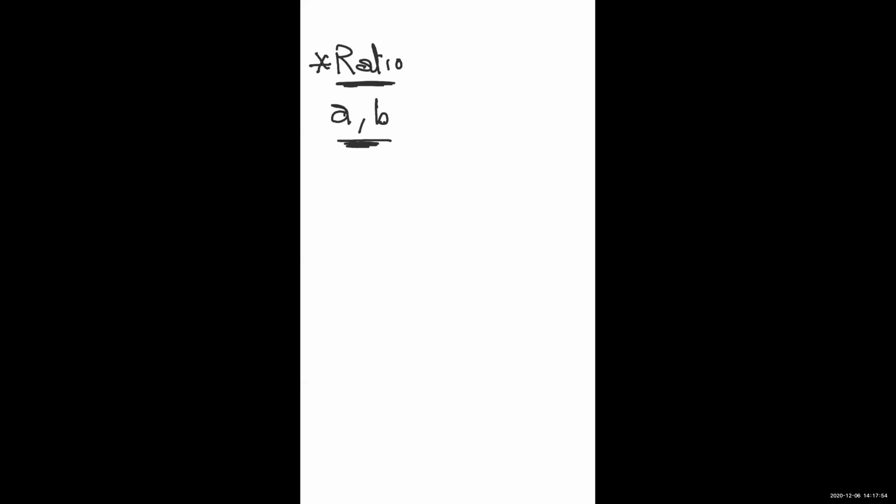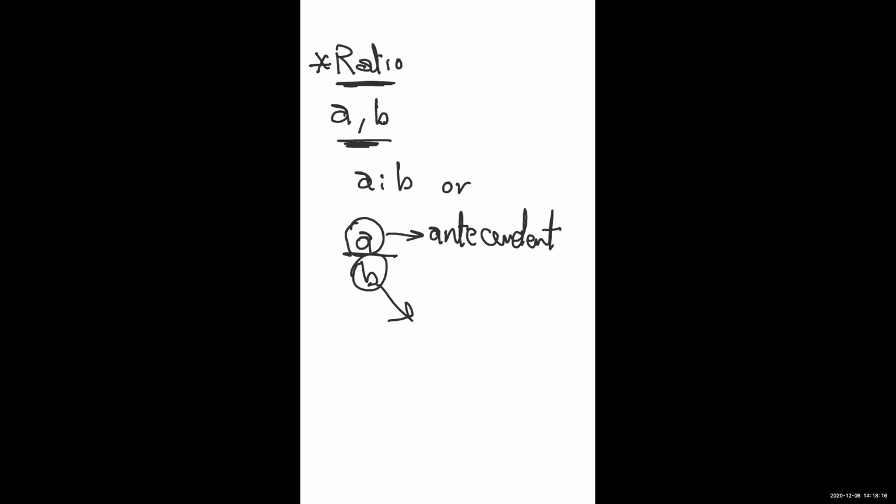we can write it in this form, A to B, or A over B, okay? A is the antecedent, and B is the consequent.